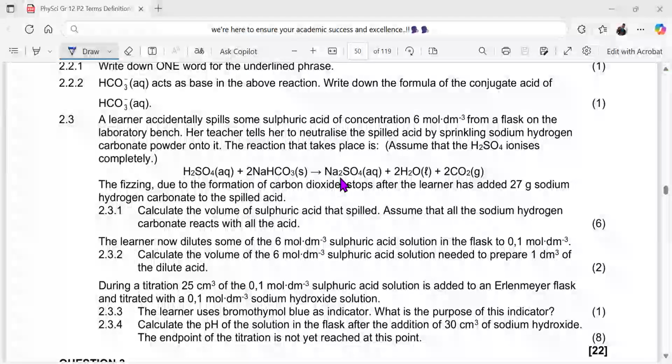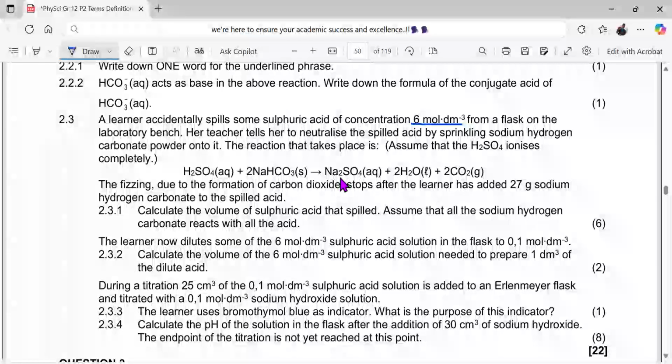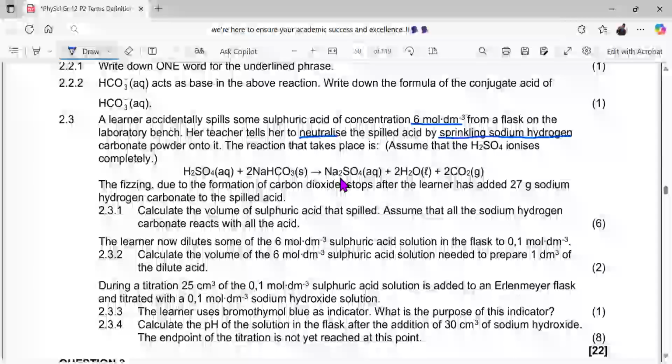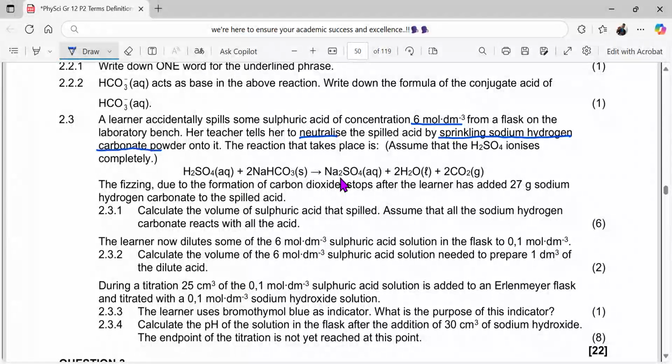Yes. So here they say Elena accidentally spills some sulfuric acid of concentration 6 mole per cubic decimeter from a flask on the laboratory bench. Her teacher tells her to neutralize the spilled acid by sprinkling sodium hydrogen carbonate powder onto it.